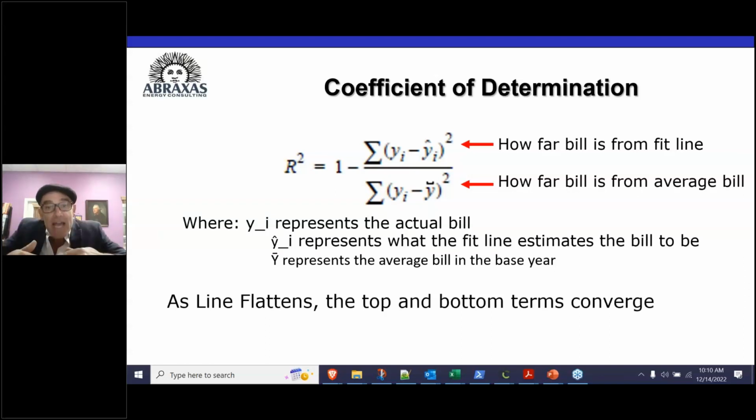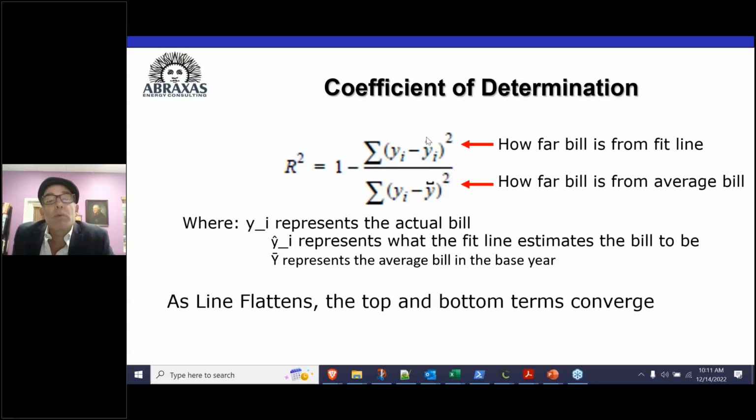As the line is flat, let's assume the line is exactly flat, then these are the same. These are the same because the average bill is every point on that line, because it's the same kilowatt hours every day, every month. And so how far the bill is from the average bill is also how far it is from the fit line.